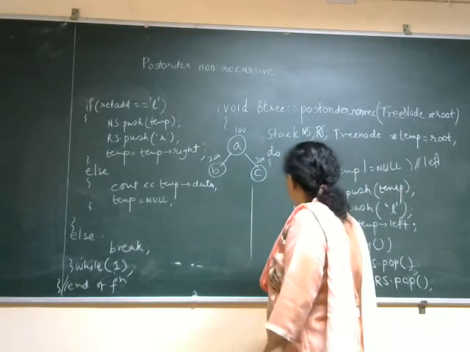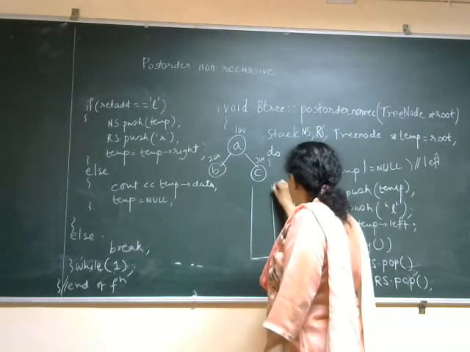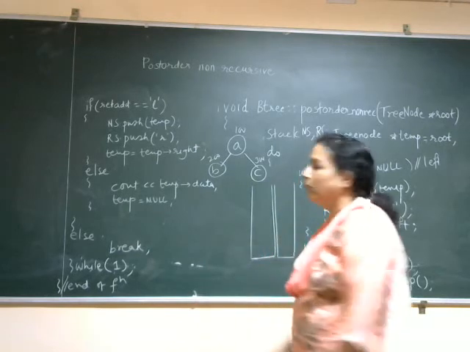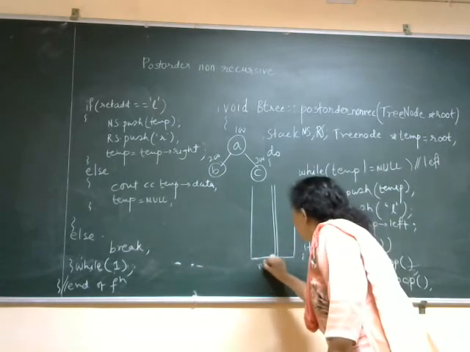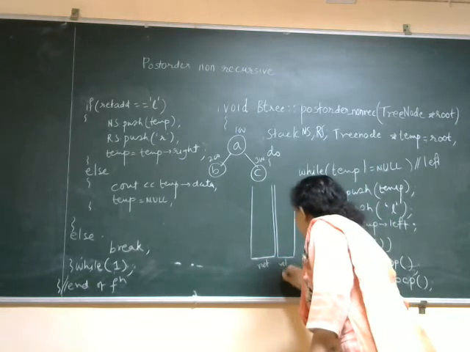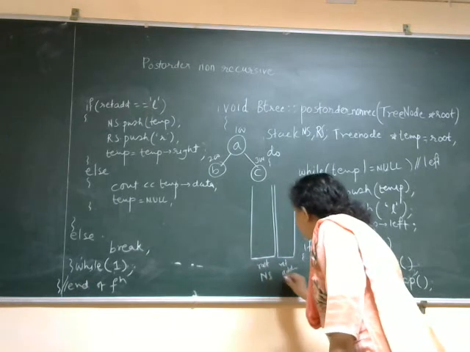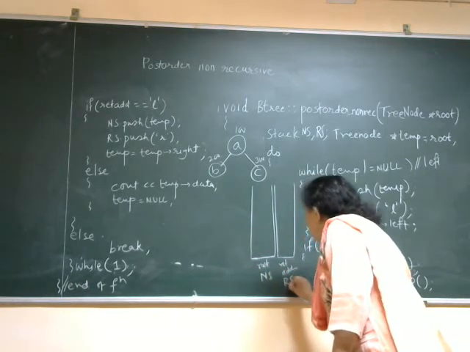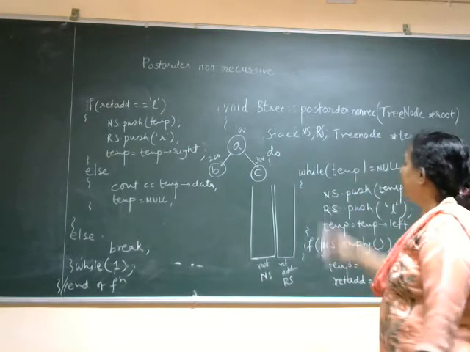I require two stacks. One stack is for the root, another stack is for the return address. So this is for root, this is for return address. So this is NS and this is RS.